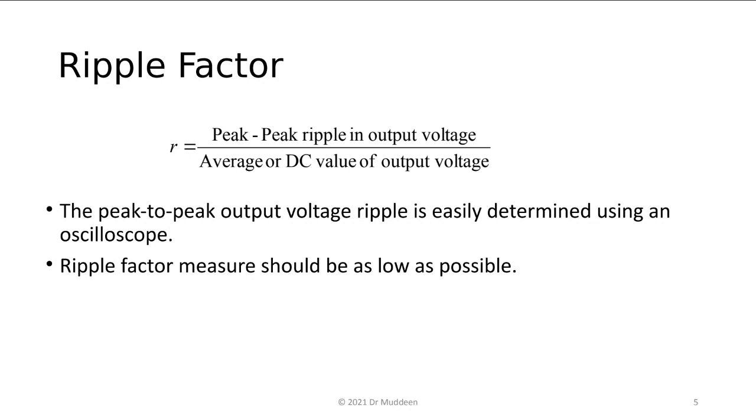You maximize the load and you look on the scope to see what the ripple is. The oscilloscope has graduations on it, or the storage scopes will allow you to put a cursor so you can actually measure the values on the ripple. So you could get the peak-to-peak value and easily determine that.